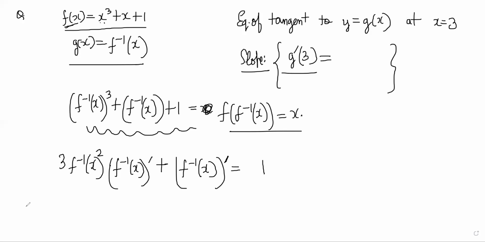And in the previous equation, you can put x as 3 to get f inverse 3 will be 1. You put x as 3 in both of them.